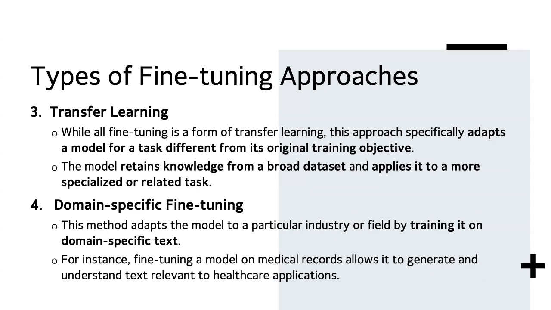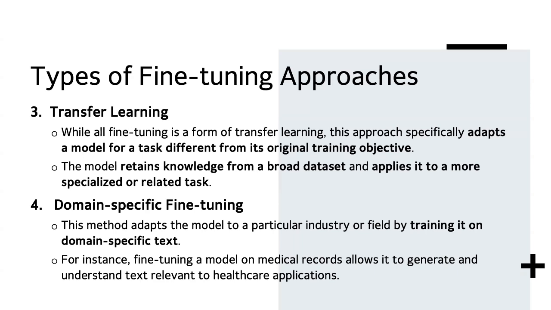While fine-tuning is a form of transfer learning, this approach specifically adapts a model for a task different from its original training objective. The model retains knowledge from a broad dataset and applies it to a more specialized or related task. Last one is domain-specific fine-tuning.